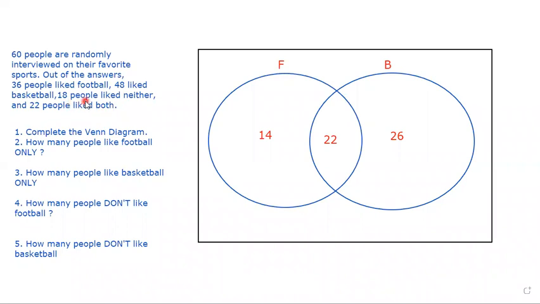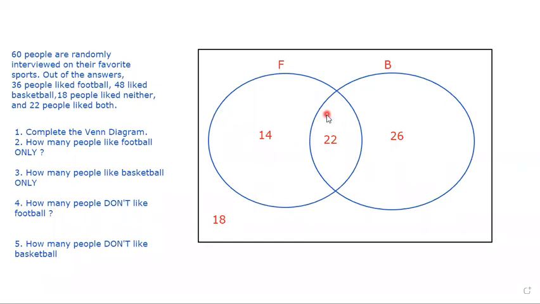18 people like neither. So what we will do, we'll put this 18 out here. All right, so that would be the complement. First we want to look at it, and then we could come back and put the symbols that you're already familiar with. All right, so now, how many people do we have that like football only?